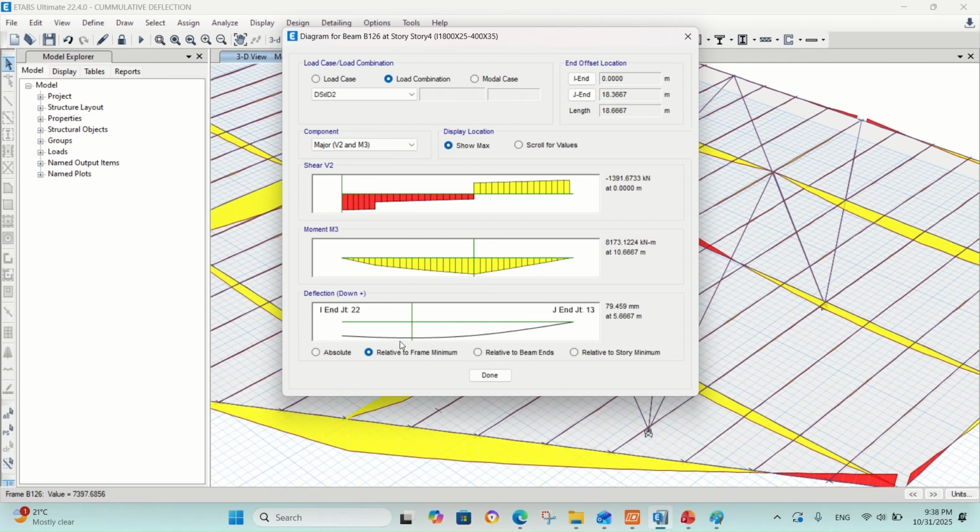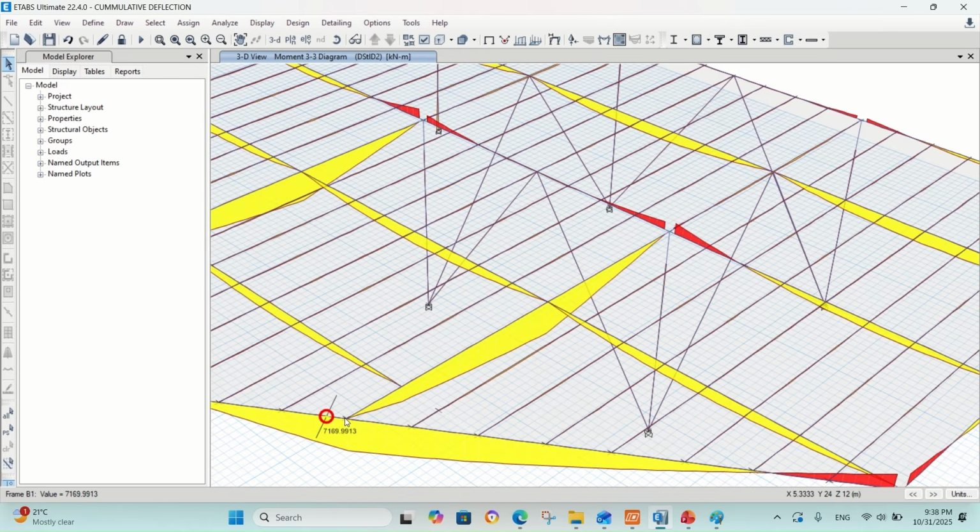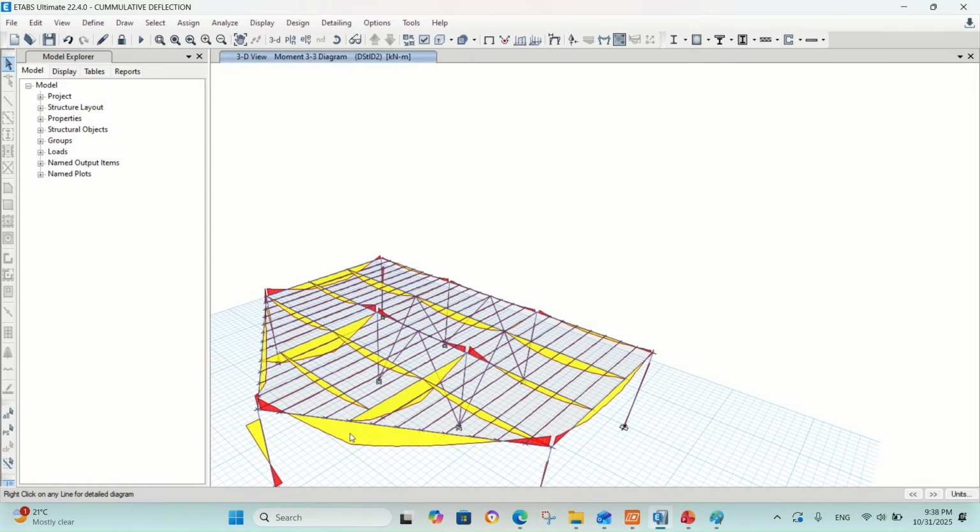Why is this number significantly larger than this number? Because this point is deflecting significantly relative to this point, which is rigid at the column. Here, it's near the midspan, so it's deflecting much more than the other end.